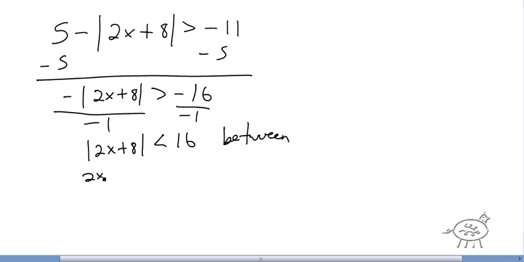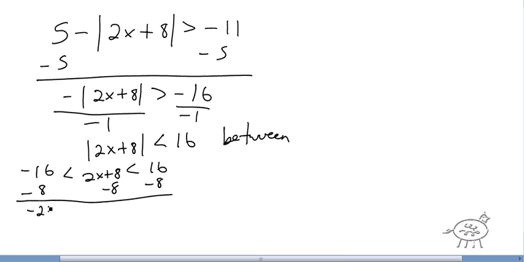So it's going to be 2x plus 8 is less than, and then negative 16 and positive 16. And then you solve. So subtract 8 from all sides. So negative 24 less than 2x less than 8. Divide by 2. And we get negative 12 less than x less than 4.